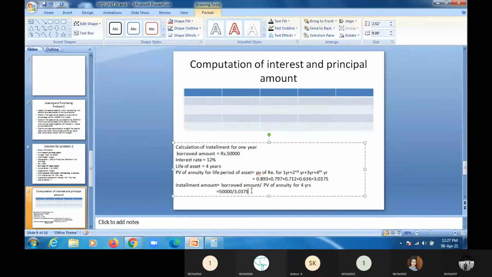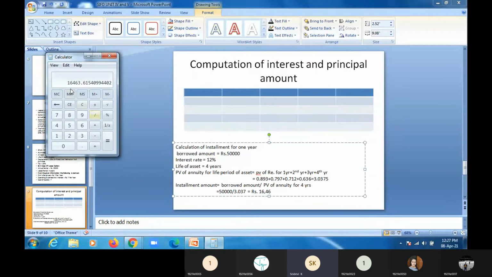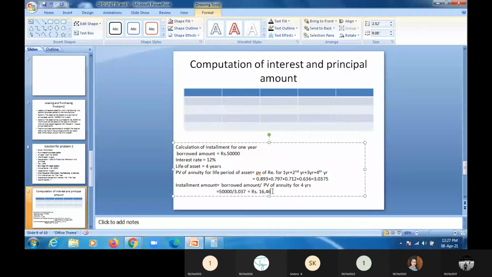Okay, so the amount you are getting is 50,000 divided by 3.037, which is equal to rupees 16,463.6. So you take it as 16,464, the round figure. So this amount you take as the installment amount.